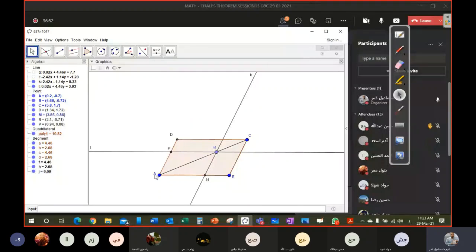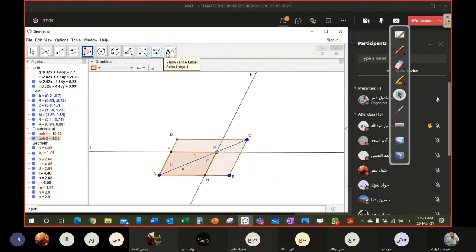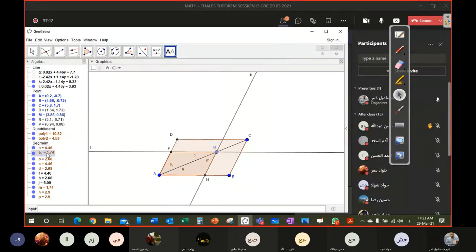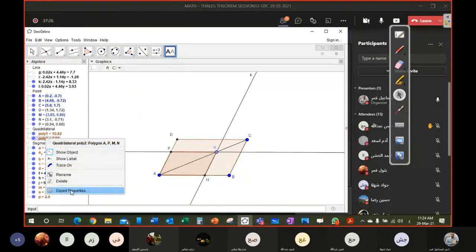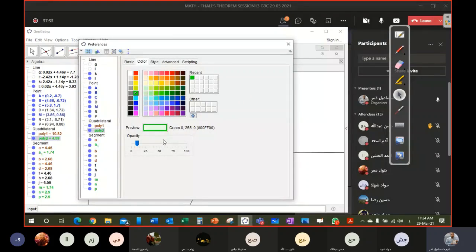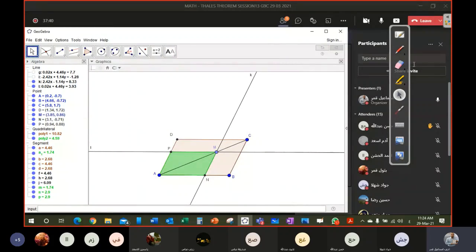Let's mark the quadrilateral APMN. So this is the figure.